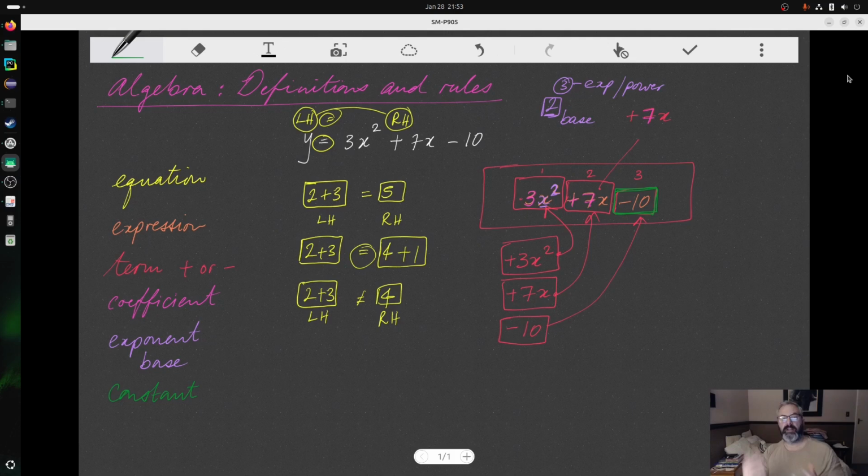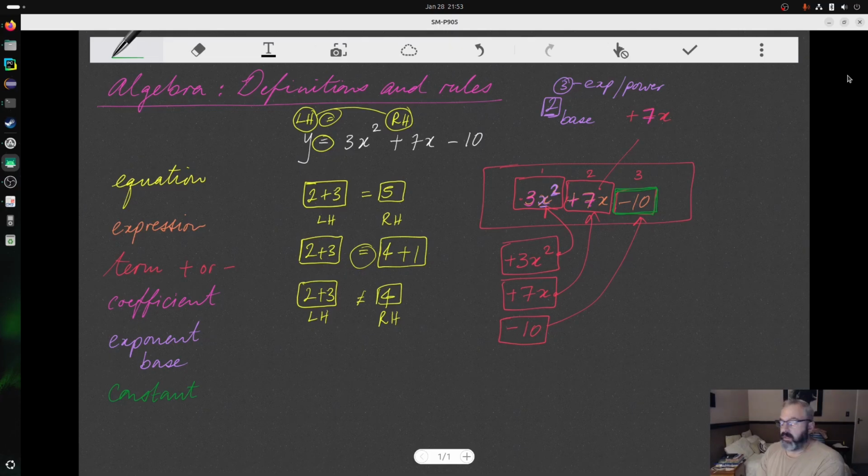Because the value of negative 10 can never change. It can only be negative 10 in this expression always. Negative 10 cannot suddenly change into 11 or 12 or negative 50 or anything like that. In this expression, negative 10 stays negative 10, so it stays constant.